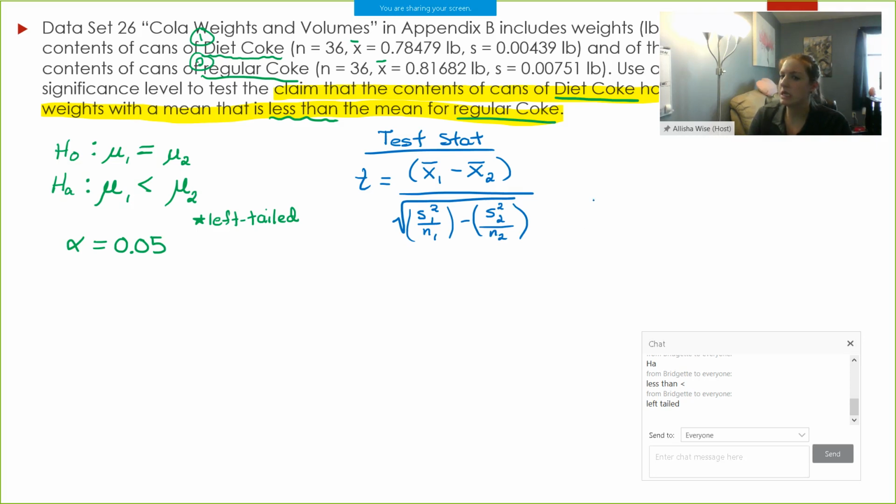We definitely want to label these. Since Diet Coke is group 1, I'm going to label this n1, x bar 1, and s1. Since regular Coke is my second group, I'll label it n2, x bar 2, and s2. Then I'm going to type this into Excel.